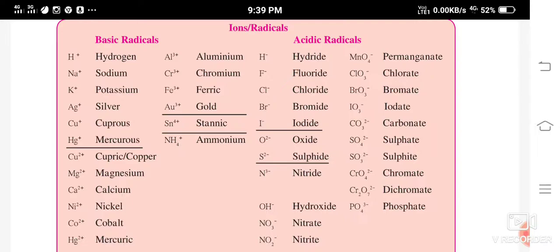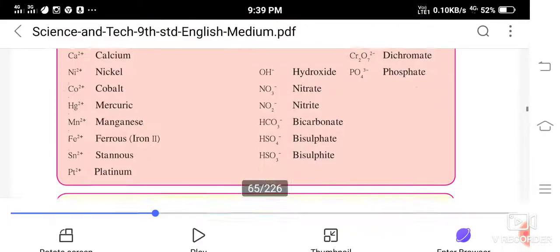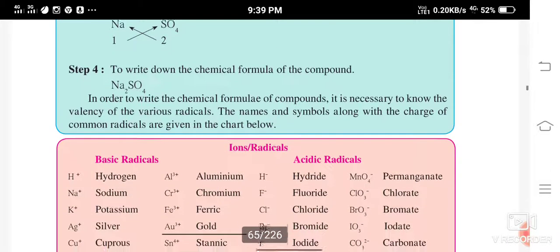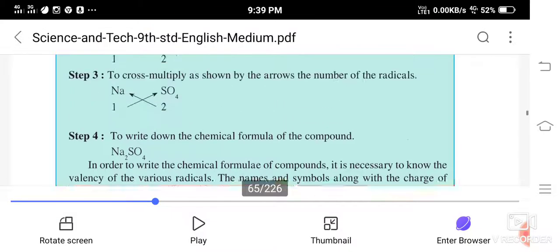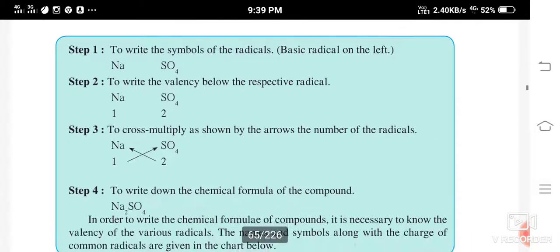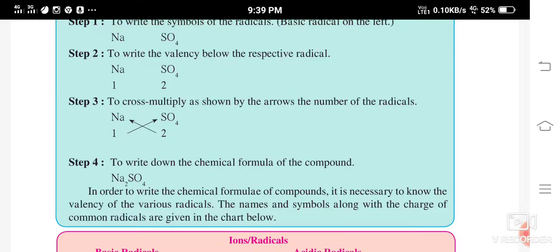Permanganate, chlorate, bromate, iodate, carbonate, sulfate, sulfite, chromate, dichromate and phosphate are also given. So this table is important. The names and symbols along with the charge are given, so you can refer to this chart to write the chemical formula of any compound.